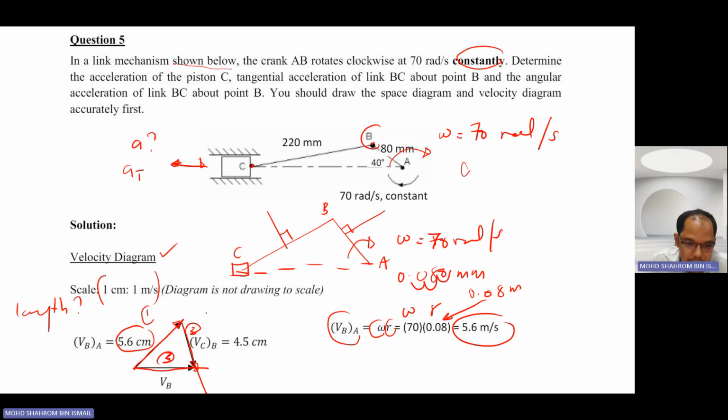Okay, this line, I couldn't find the other properties to draw. Ah, yeah, there you go.